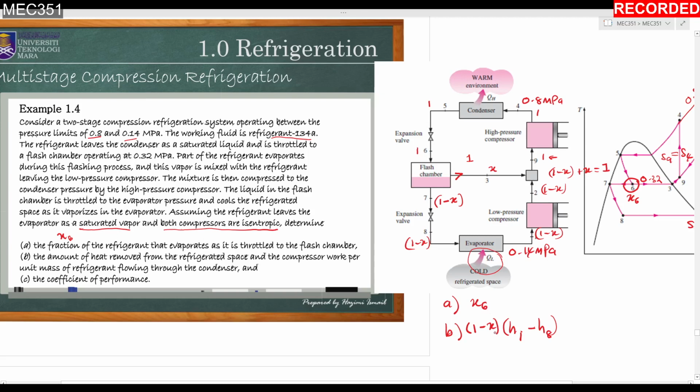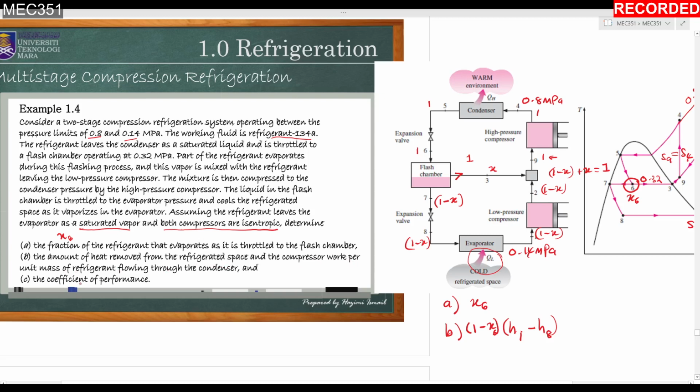Okay, so I put it at 6 here. And the compressor work per unit mass of refrigerant flowing through the condenser.